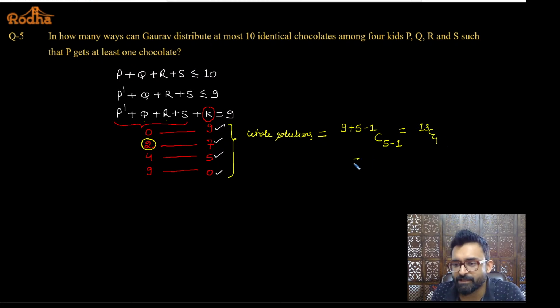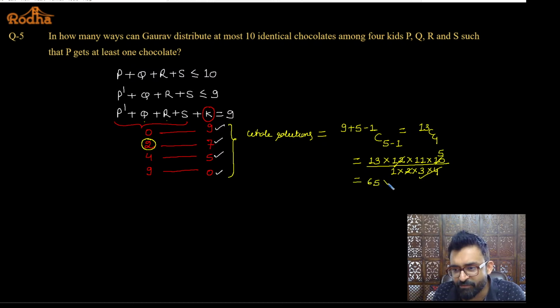Yes, 13 C4 is 13 into 12 into 11 into 10 divided by 1 into 2 into 3 into 4. 12 is cancelled. This is 5. So that is 65 into 11. That is 715.